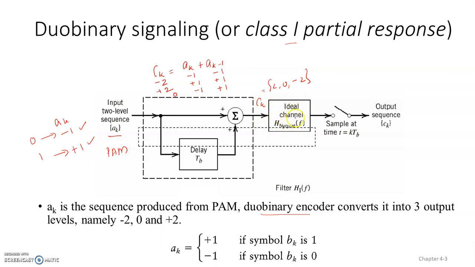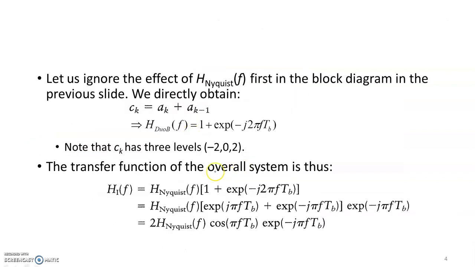Here we see how to find the overall transfer function of this full system, H_1(f). For that, we first find the transfer function of the duobinary encoder. We first write down the output of the duobinary encoder: A_k plus A_{k-1}. Now we can write the frequency response of the duobinary encoder.